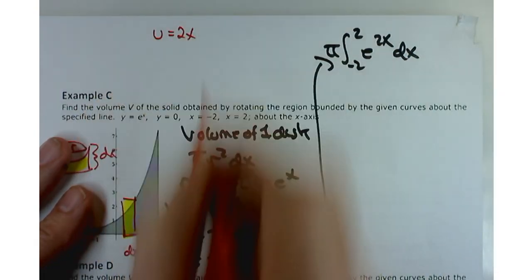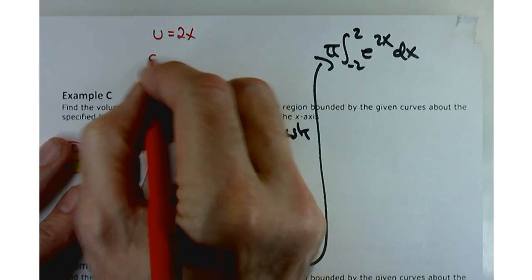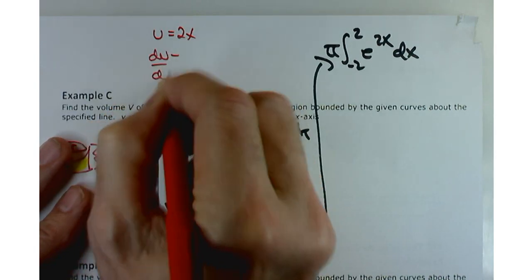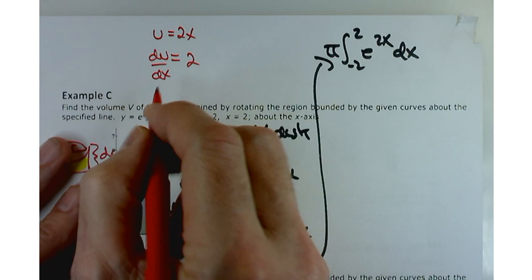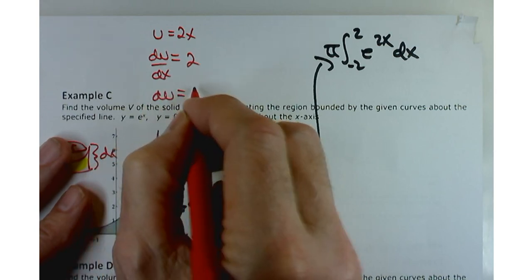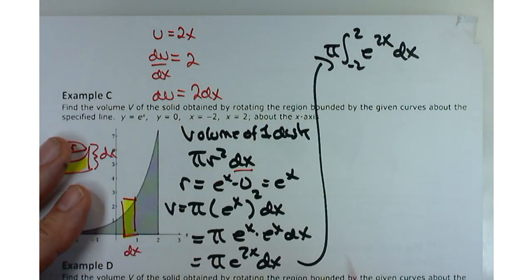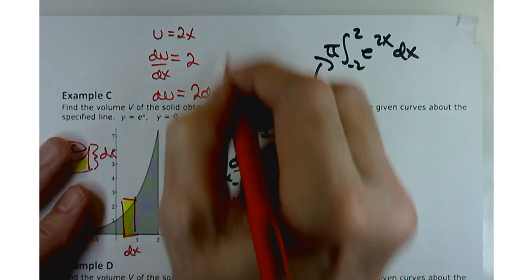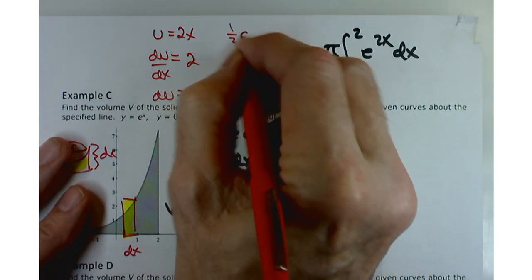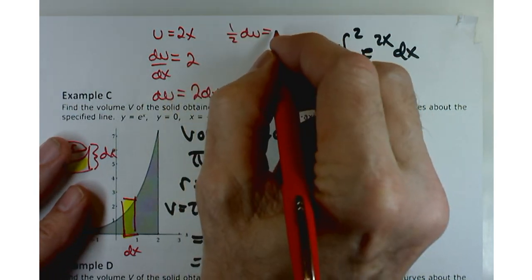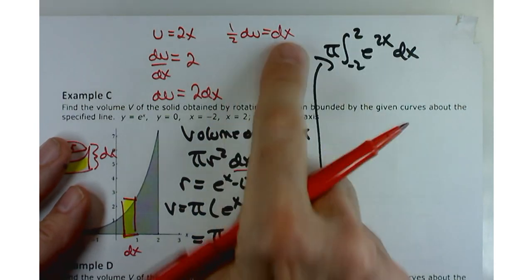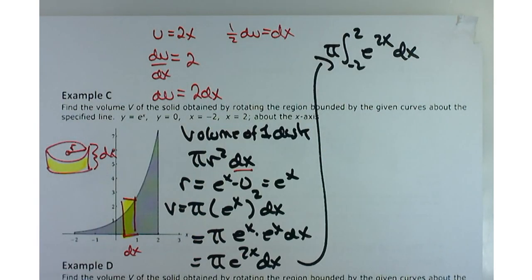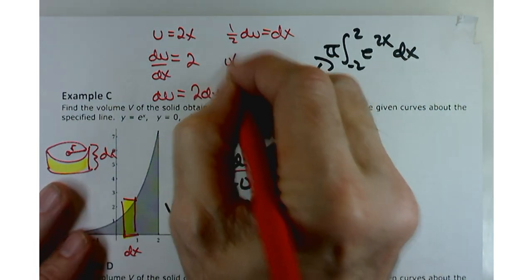Let u equal 2x. du/dx would equal 2. So du would be 2 dx, or 1/2 du equals dx. Now I can make my substitution, but I'm probably also going to want to change my limits of integration. So let's do that as well.